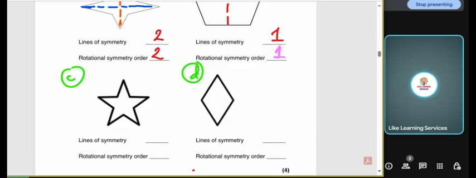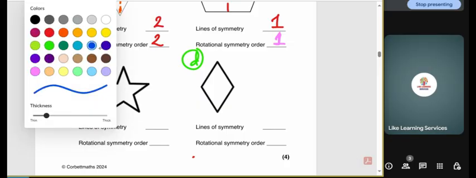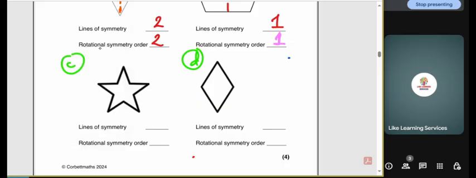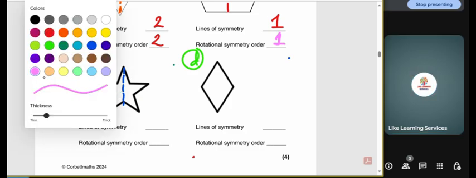Lines of symmetry. Let's see. That's one. Let me use a different color that can come out better. The blue one. Oh, wrong shape, wrong shape.